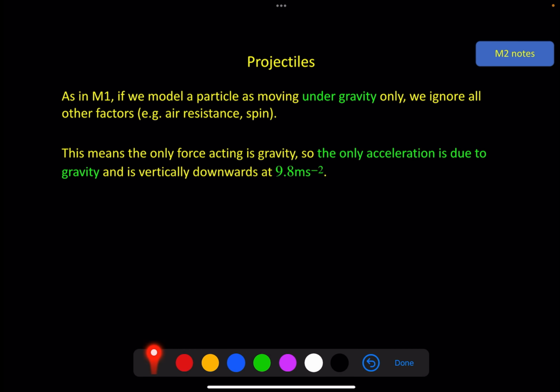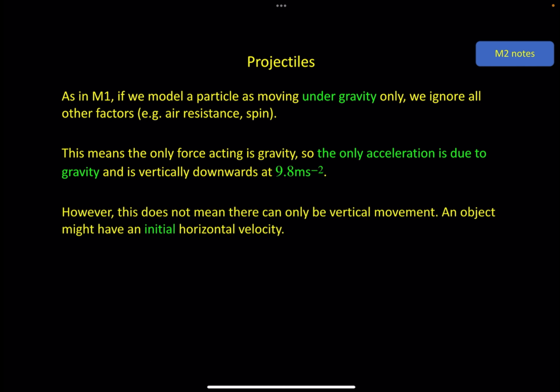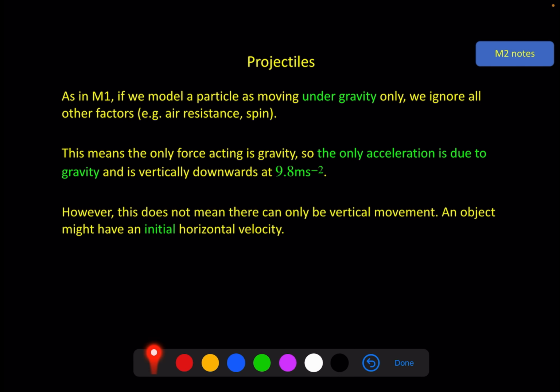This means the only force acting is gravity, as I just said, so the only acceleration is due to gravity and is vertically downwards at 9.8 meters a second squared, which is what you're familiar with from M1 and what we did in the starter question. However, this does not mean that there is only vertical movement and nothing else. An object can be moving horizontally by having an initial horizontal velocity and yet be acted on by gravity only.